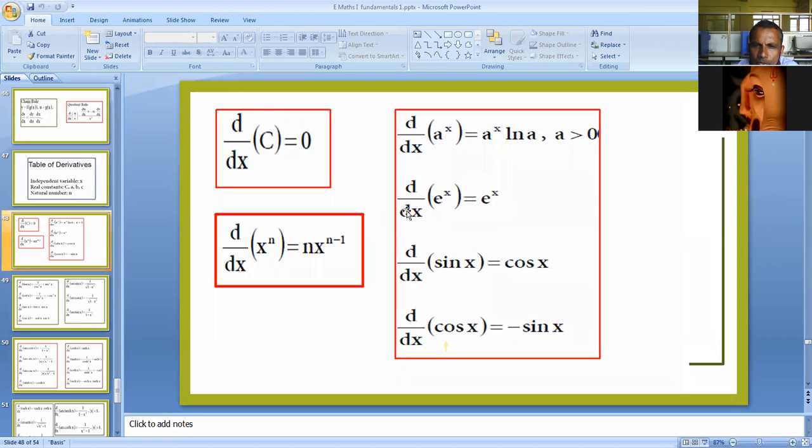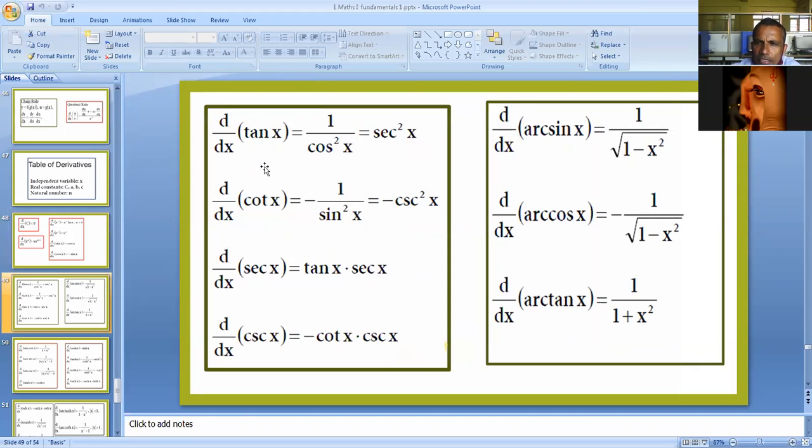Right? So now d by dx of e raised to x, that is e raised to x. The derivative of sine is cos x, and derivative of cos is minus sin x. And what I told you already, first letter is c, definitely the derivative will be negative. Minus आलं नाही ते. समजलं का? तर असे रिझल्ट्स लक्षात ठेवायचे आहेत.